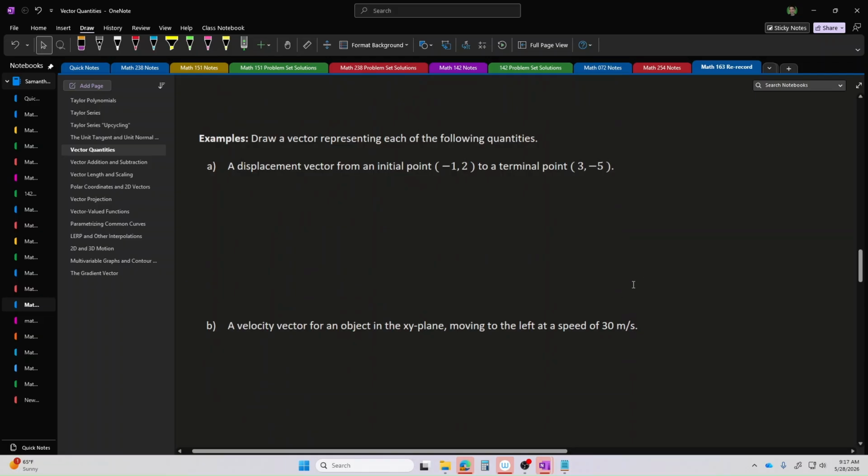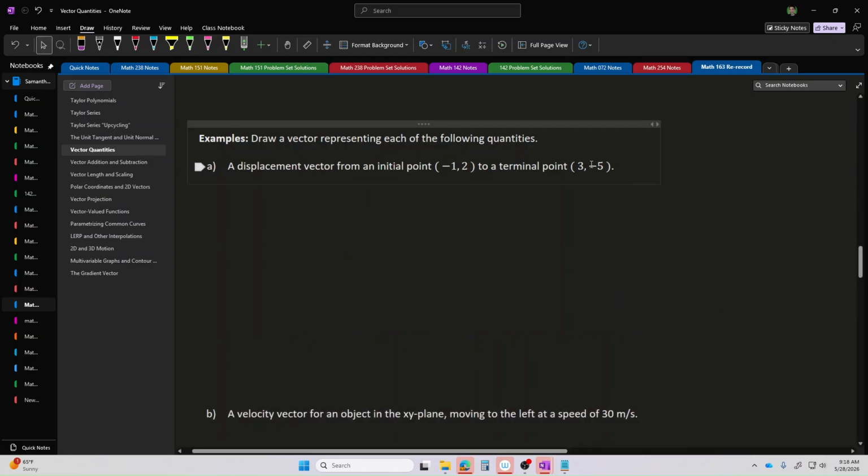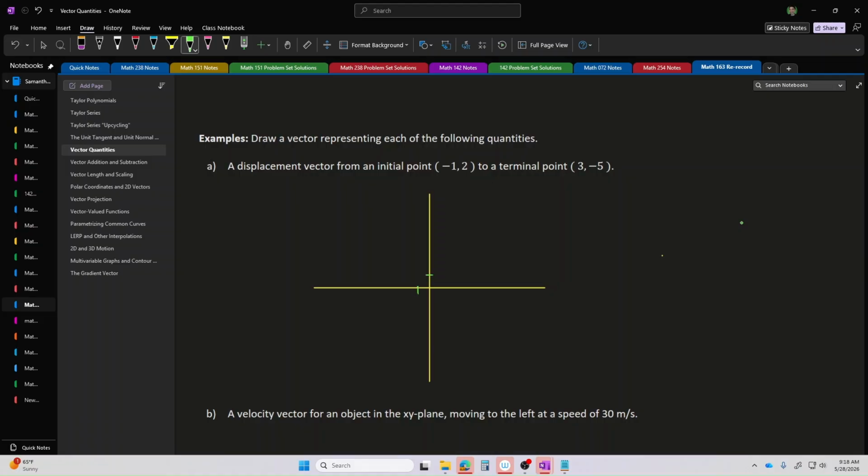So for example, a displacement vector from an initial point -1, 2 to a terminal point 3, -5. So if I mark this initial and terminal point on the xy plane, the first one is here at -1, 2. This is our initial location.